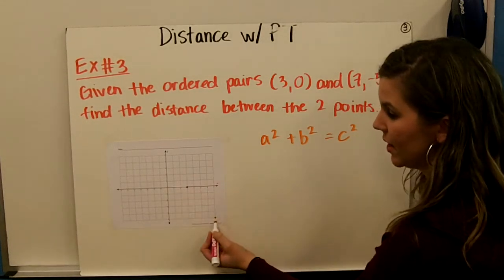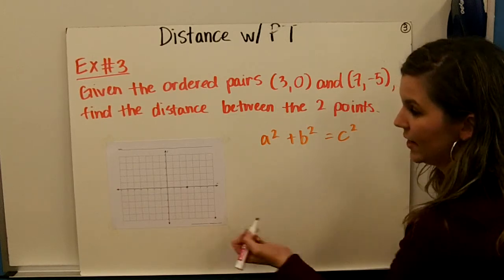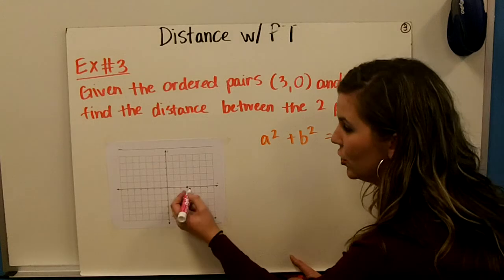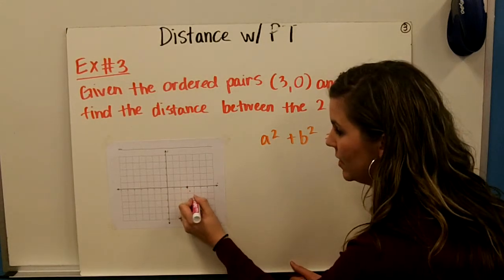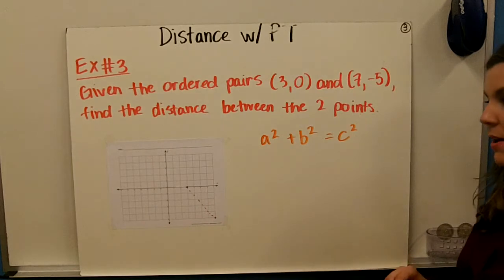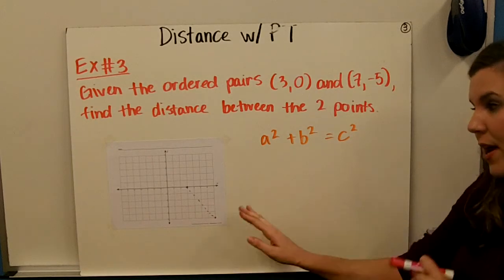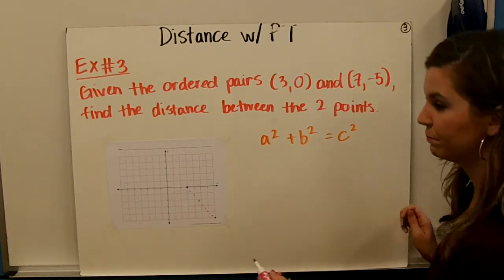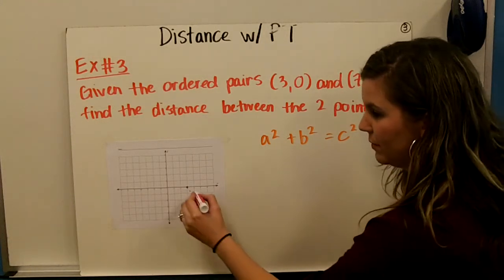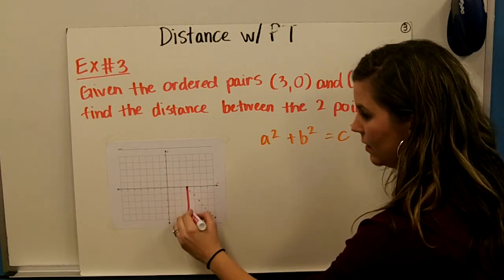I've plotted these points. And you can see that the distance between them is this straight line. Now I'm going to make a right triangle from here. You can make the top one or the bottom one. Either one is fine.